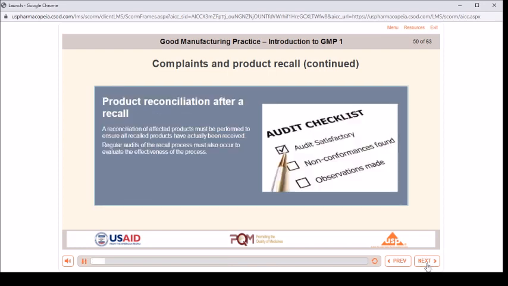Complaints and product recall. Continued. Product reconciliation after a recall. A reconciliation of affected products must be performed to ensure all recalled products have actually been received. Regular audits of the recall process must also occur to evaluate the effectiveness of the process.